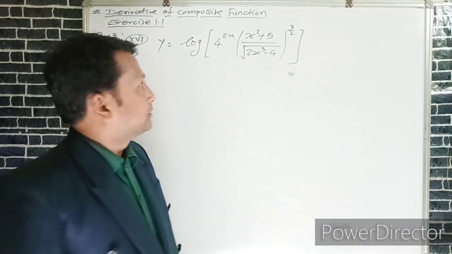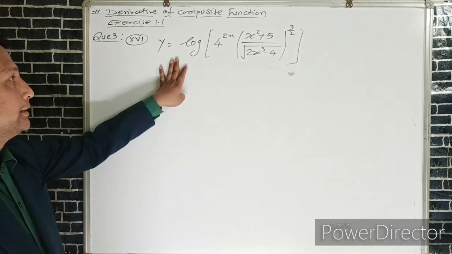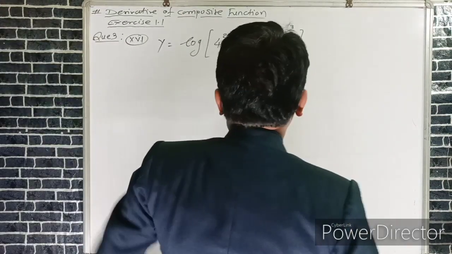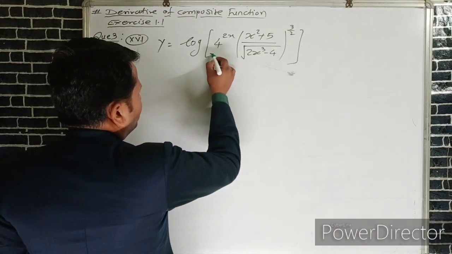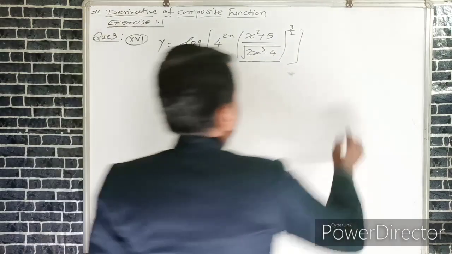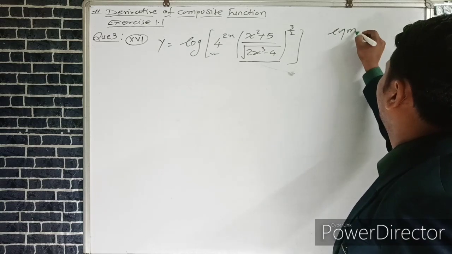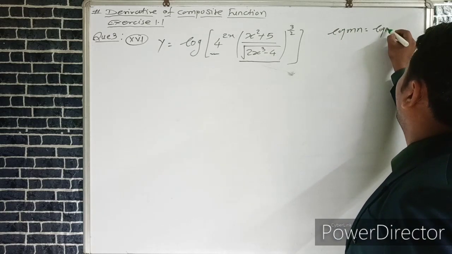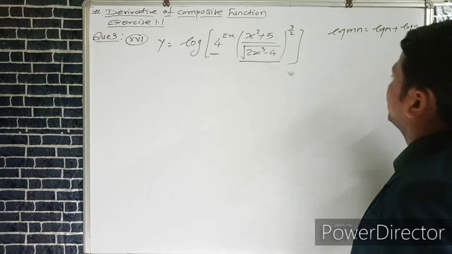In this example, if we apply the rules of logarithm, log of m into n is equal to log m plus log n.